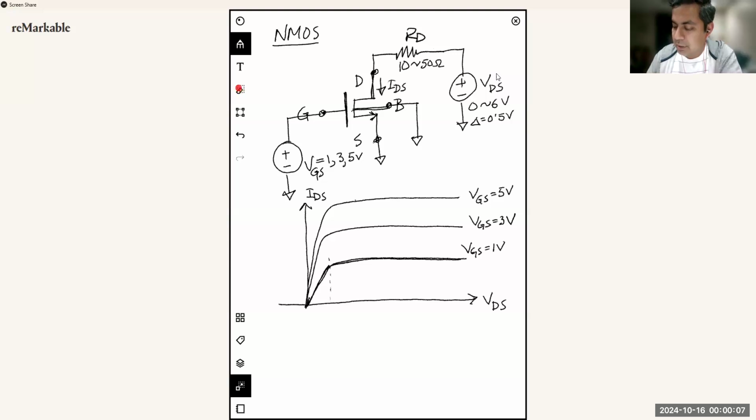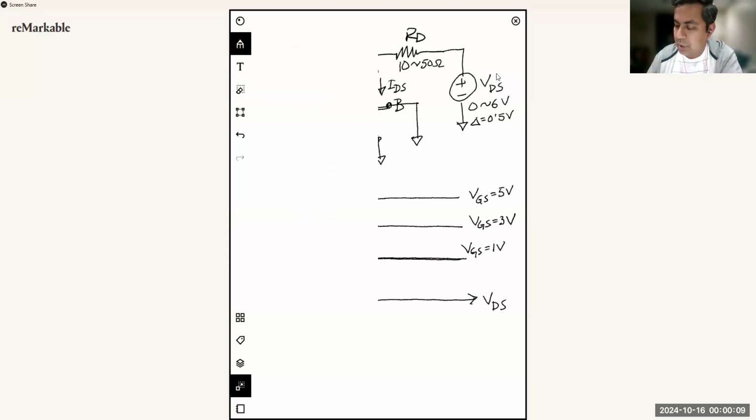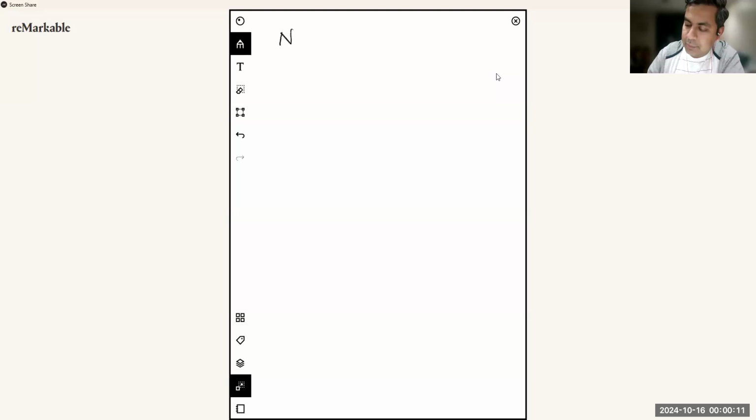For the second part, what we are going to do is check the body effect phenomenon. And to do that, we need, again, this is our drain, this is source, this is gate, and you have body.